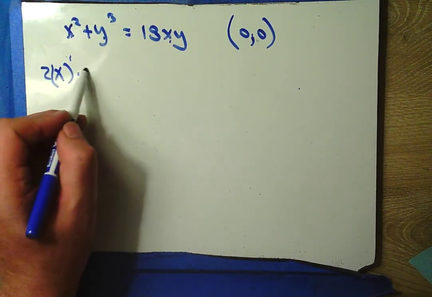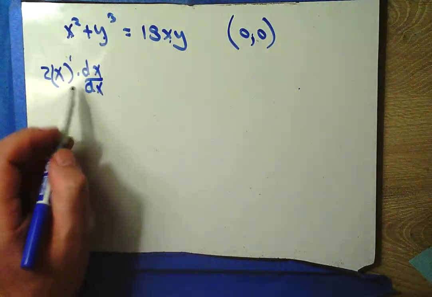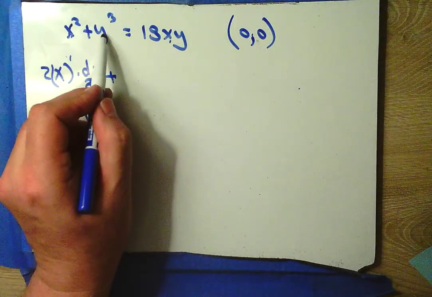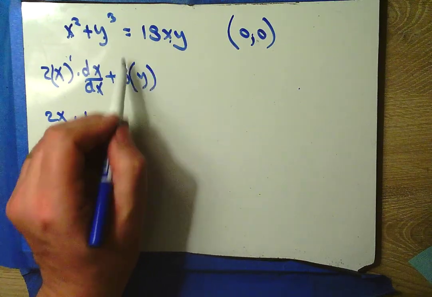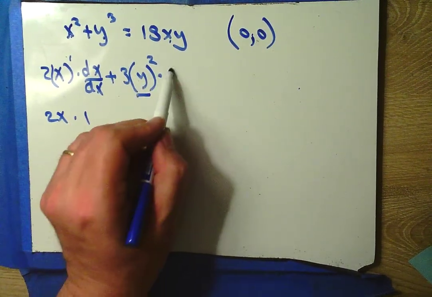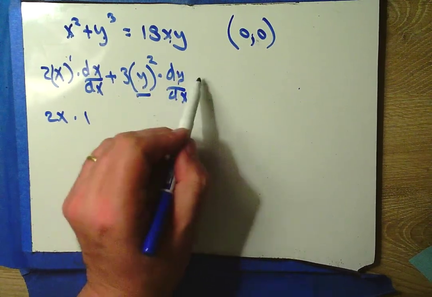The derivative of the inside function with respect to x, but that's just going to be 1, plus, take the derivative here, bring down that exponent of 3, subtract 1. Now come and take the derivative of the inside function with respect to x.